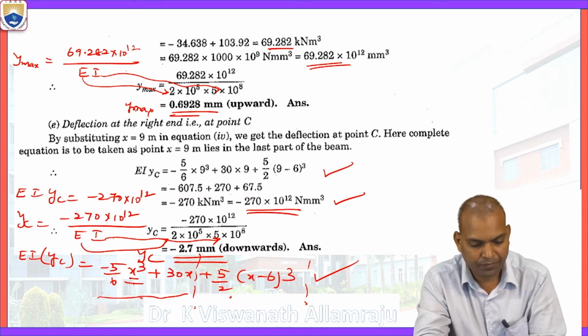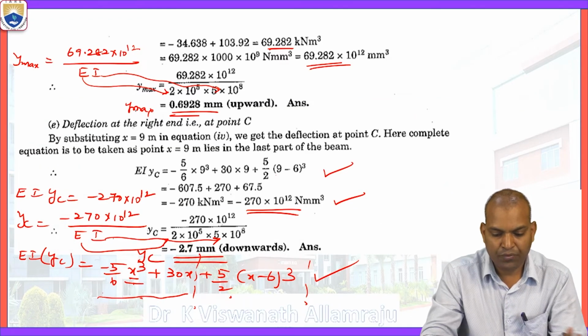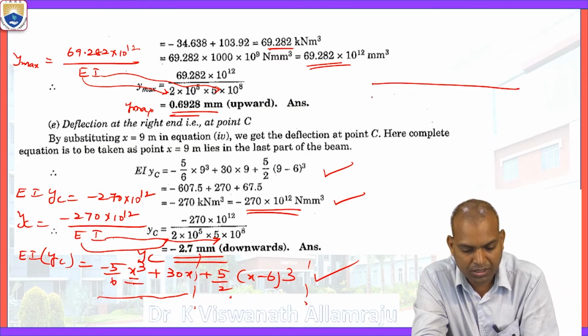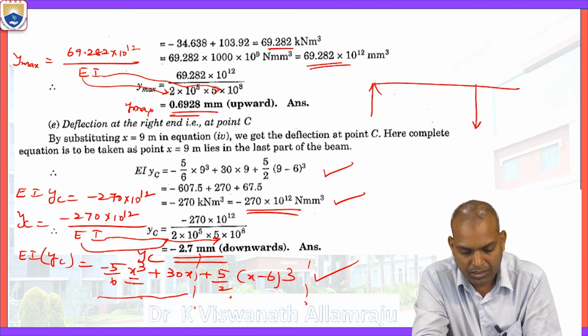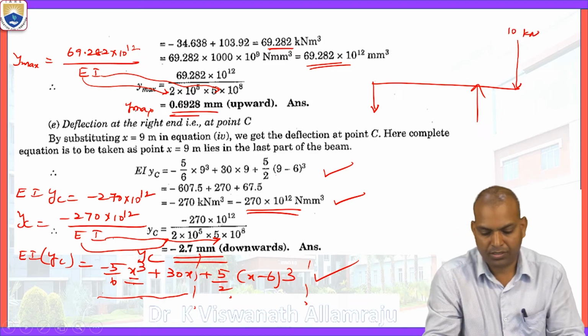Y maximum, yes, it is so peculiar. If you draw this deflection curve with the reactions, this is the 10 kilonewtons acting.